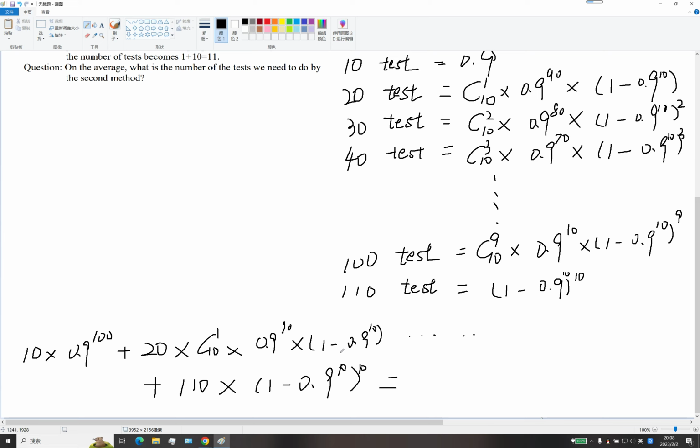If we put it into a calculator, then we can get the expectation is 75. So the solution is, on the average, the number of the tests we need to do in the second method is 75. So this is the answer.